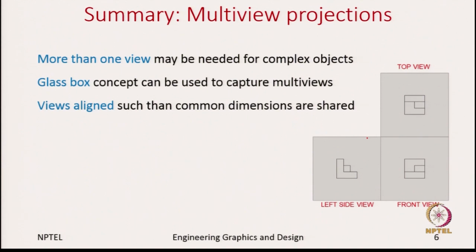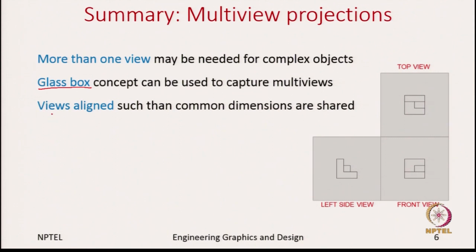So we said, let us pick these 6 standard views which are in line with the 3D coordinate system. One way to capture that is the concept of a glass box, where you place the object in this glass box and then capture all the 6 views.